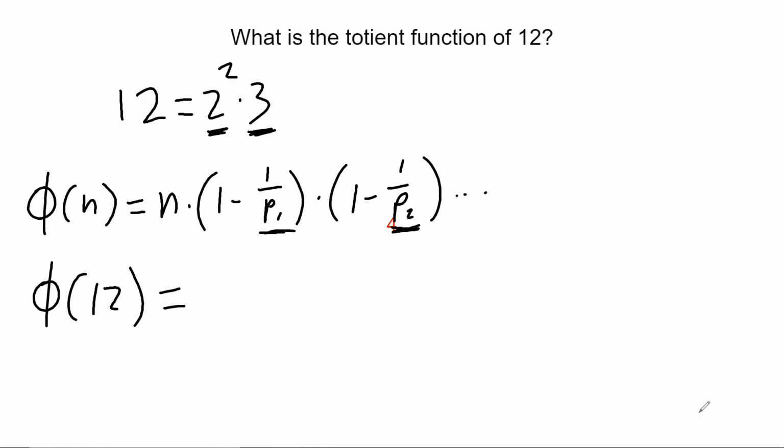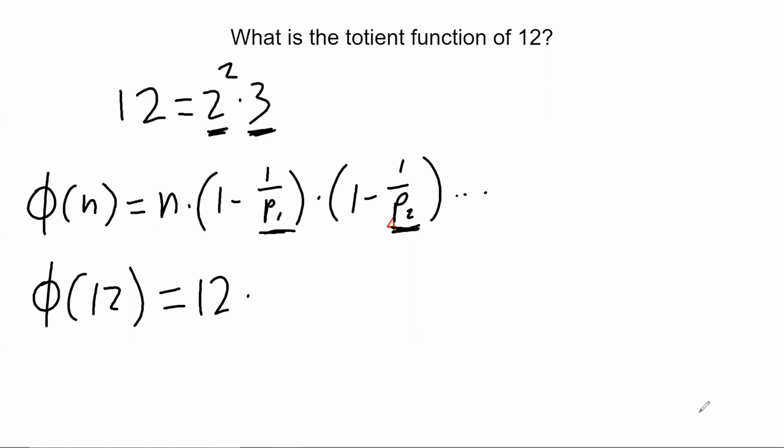I see one good answer. So on the right-hand side, every time we see an n, we replace it with 12. So our coefficient here would be 12. And p1 and p2 here are referring to 2 and 3, since those are the prime factors.